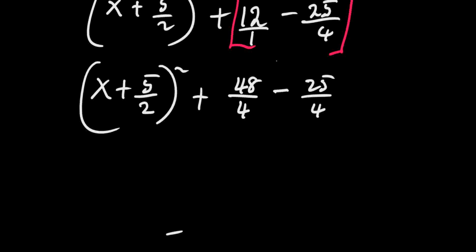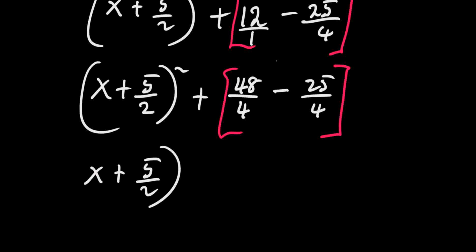So now, if we subtract 25 from 48, that is going to give us 23. So this will become (x plus 5 over 2) squared plus 23 over 4.